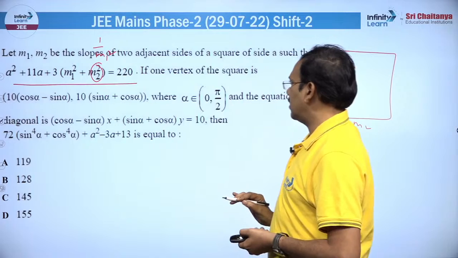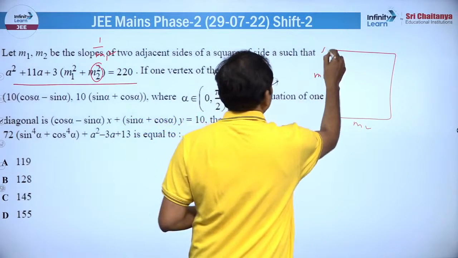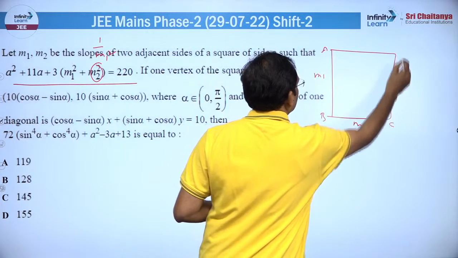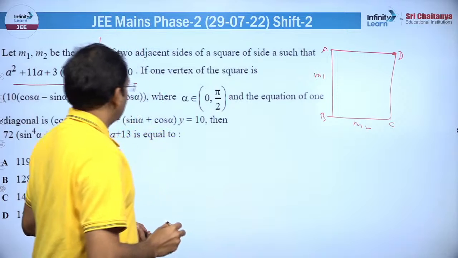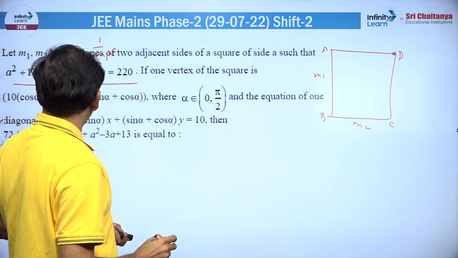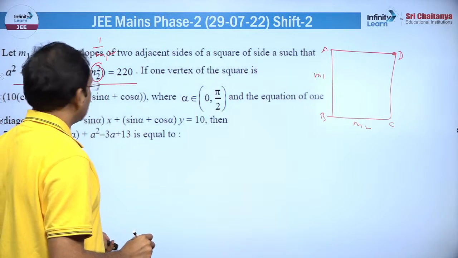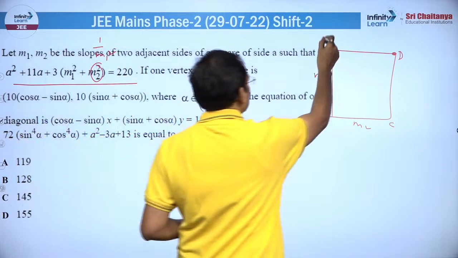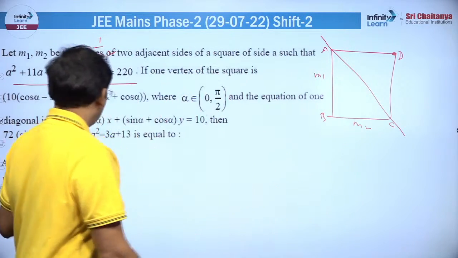This is a quadratic equation in a. If one vertex of the square is given, suppose a, b, c, d, and the equation of the diagonal is given. You can observe that if you substitute this particular point, you will see that this will not be 0. That means the other diagonal is not passing through the given point, right.